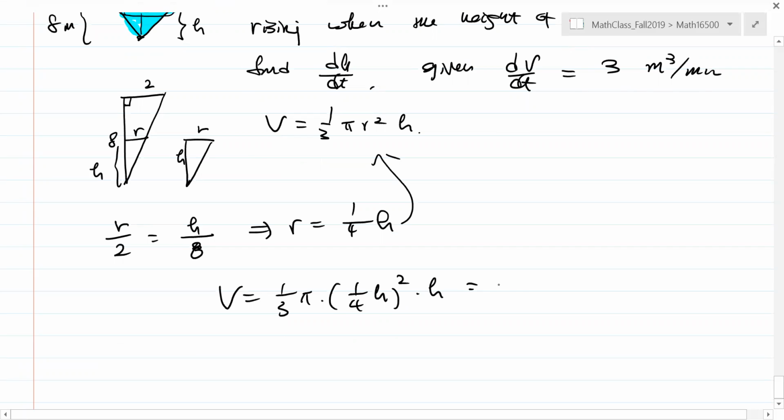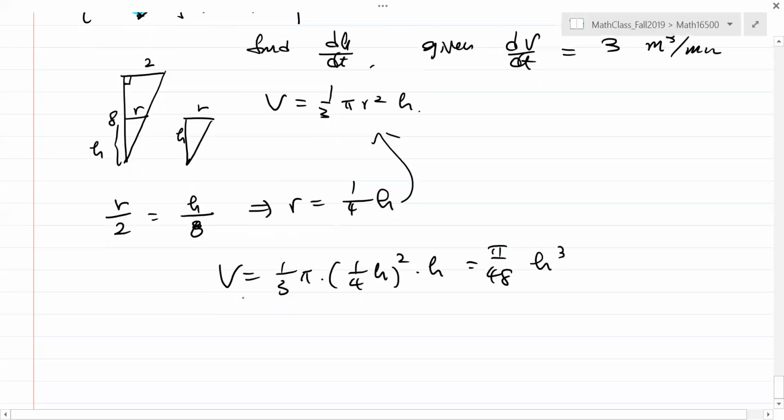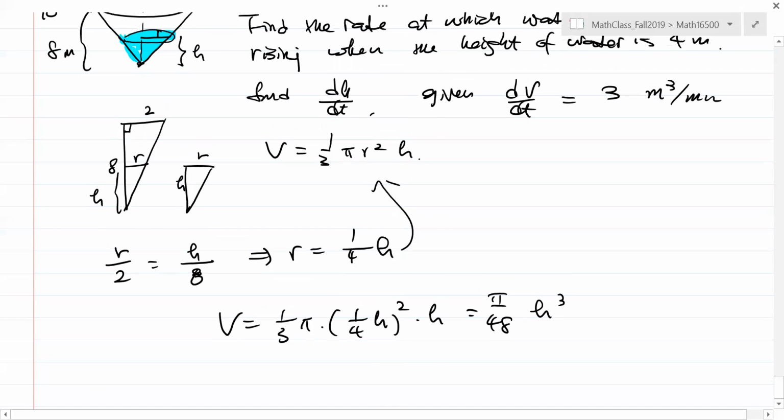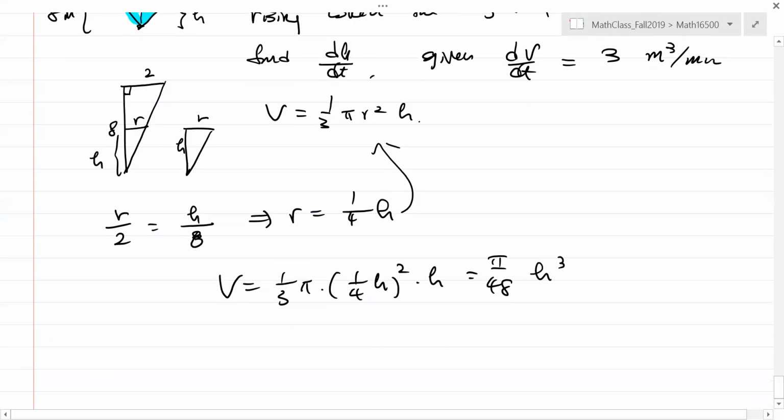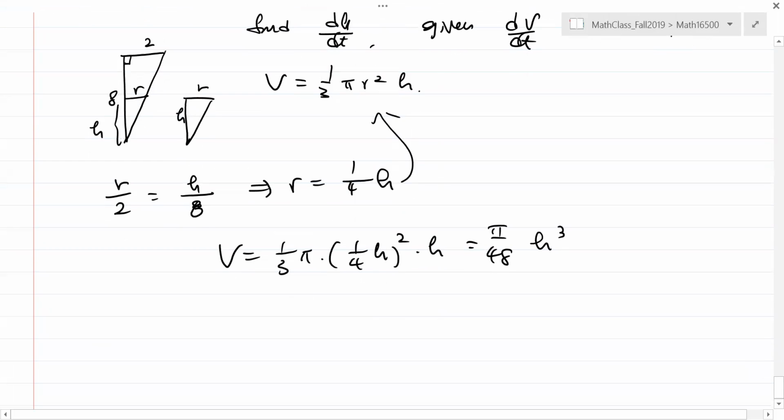I think it's pi over 48 h cubed. So the volume is related to the height of the water. When the water level increases, the volume increases.